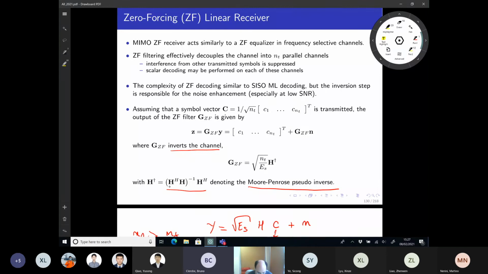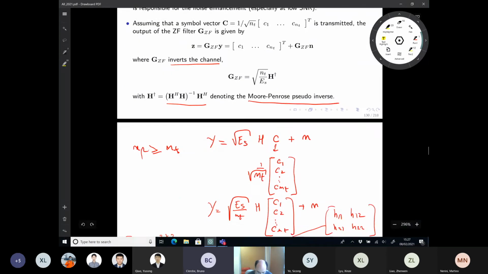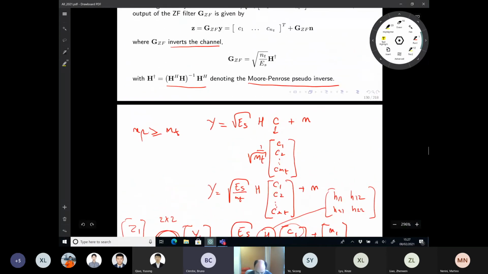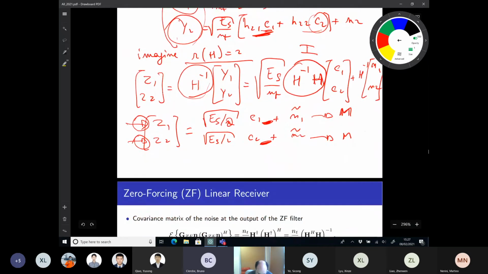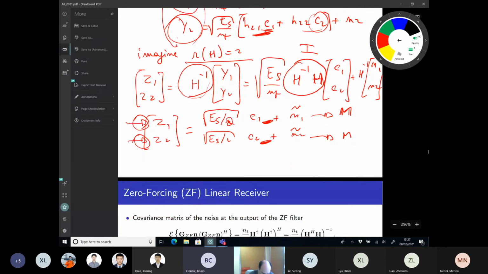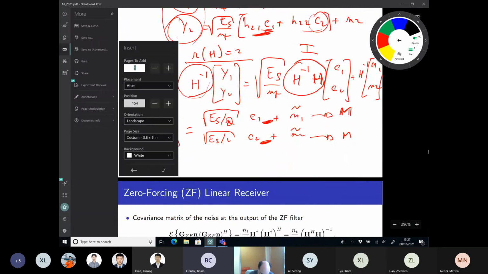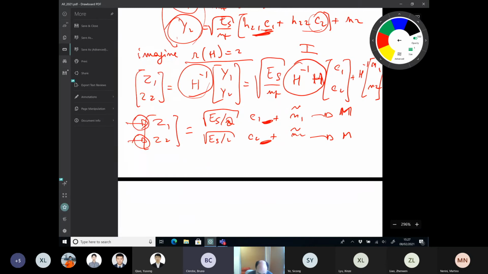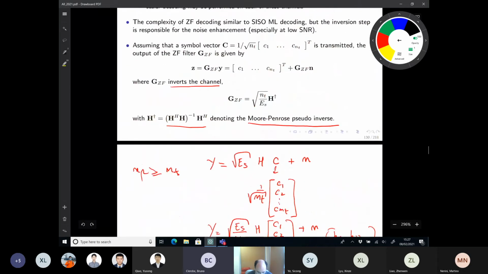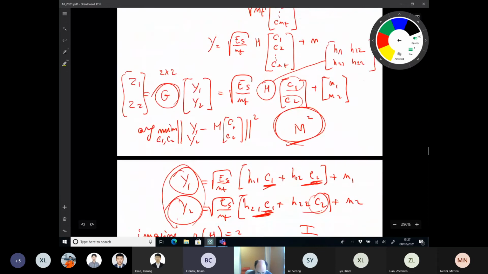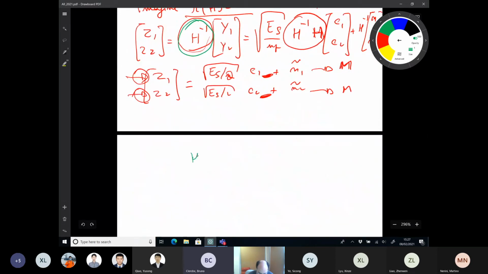And so what you do here, if I write this here in a different color. So what we had, we were doing H minus 1, right? Now the pseudo inverse here, you have H Hermitian H minus 1, and then you have H Hermitian, right?